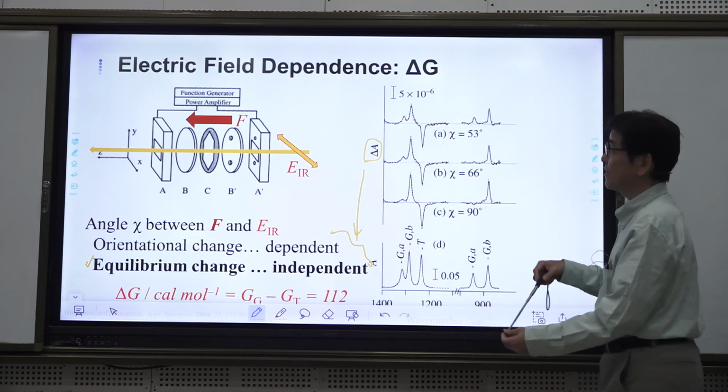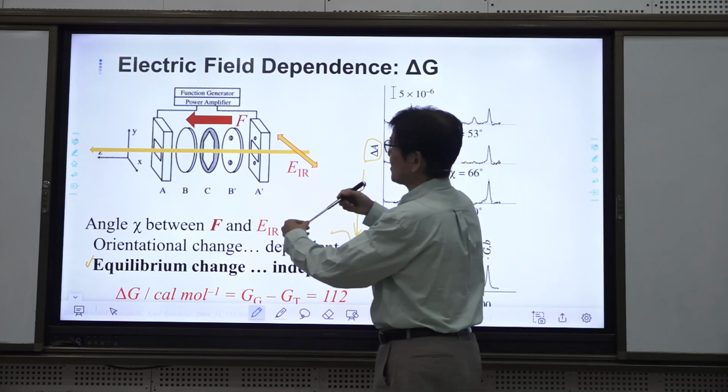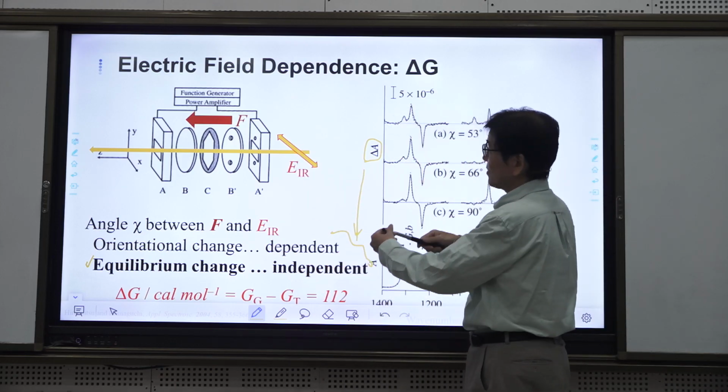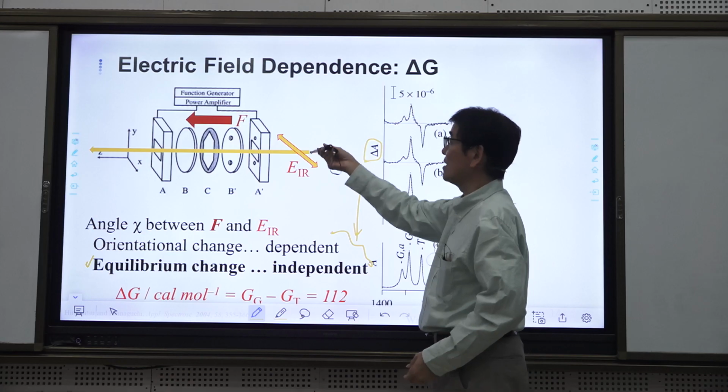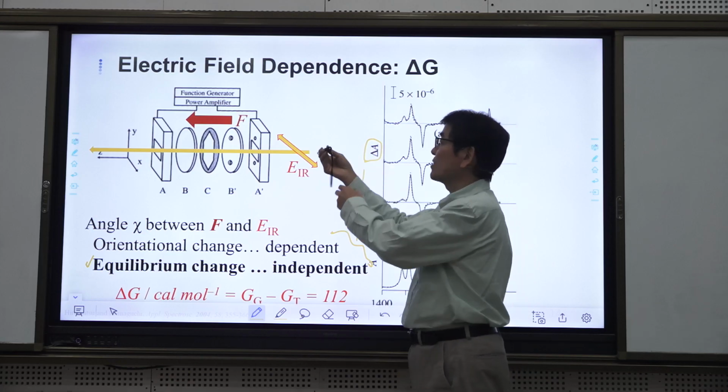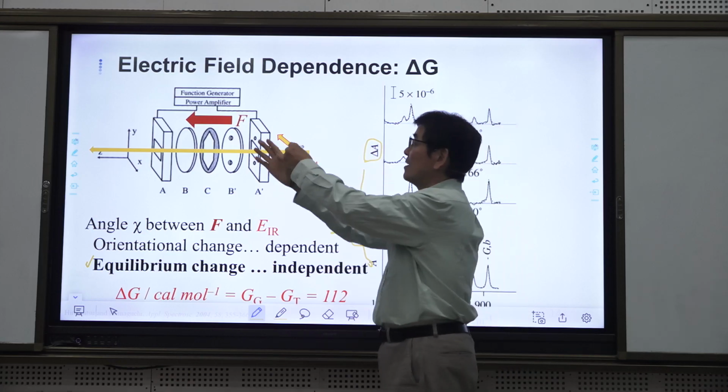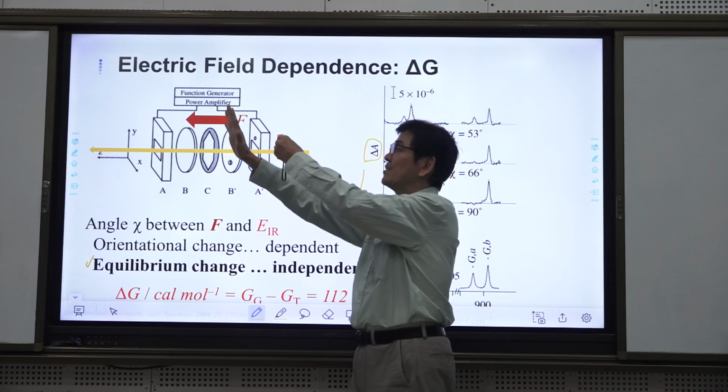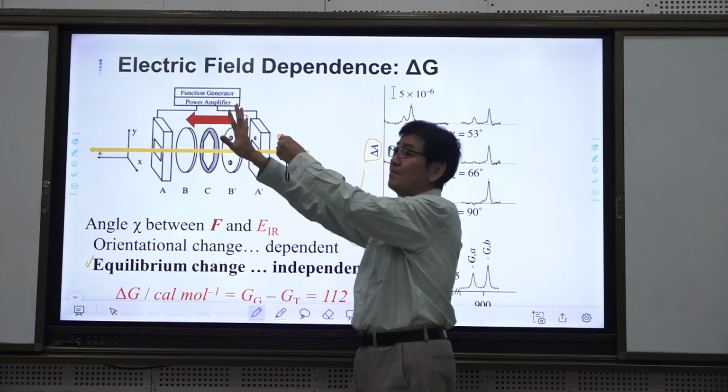For that purpose, I rotated the sample cell. So the electric field has a horizontal polarization, and the cell direction changes gradually, rotated.